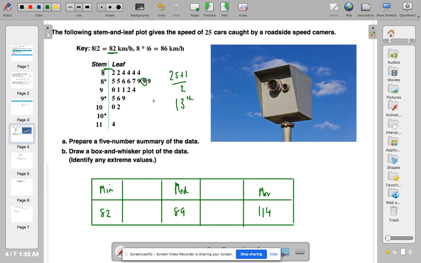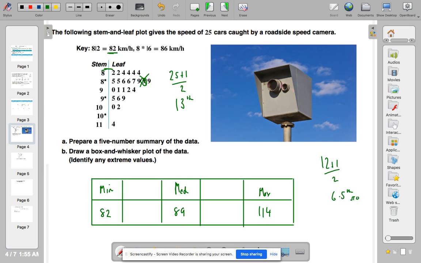All right. So now because we've got that figure there, we cross that out and we have our lower and upper halves. 1, 2, 3, 4, 5, 6, 7, 8, 9, 10, 11. There are 12 things in the lower half. So remember our formula, 12 plus 1 over 2. That's 13 divided by 2. That's the 6.5 score.